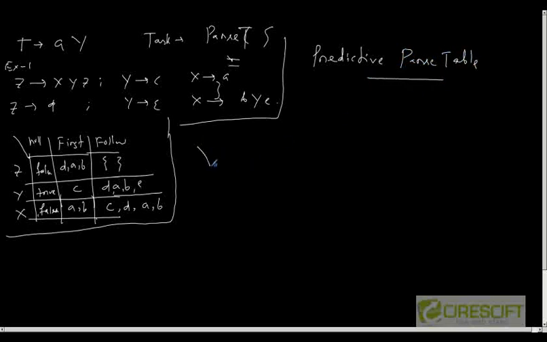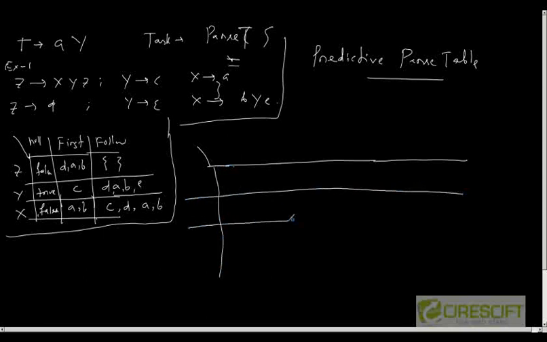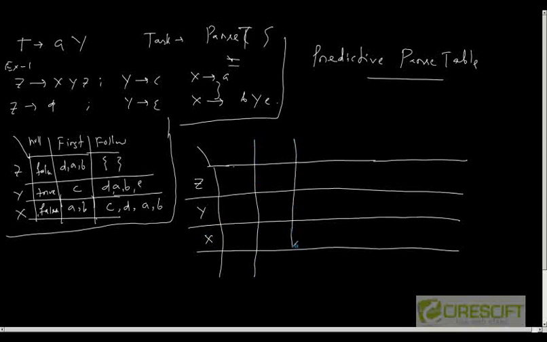looks like this. So you have a matrix, two-dimensional array, where the rows are Z, Y and X, and the columns are the possible input tokens present in the grammar.